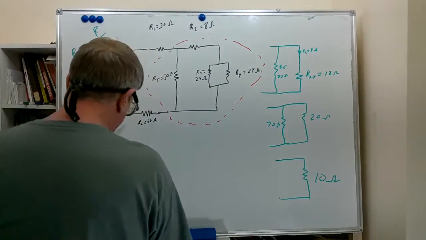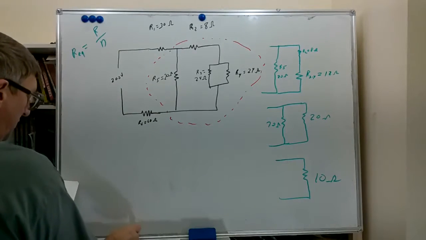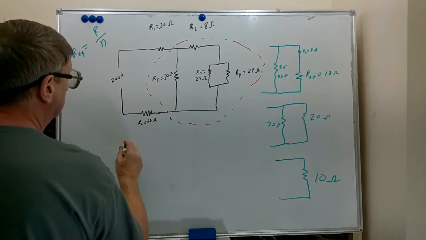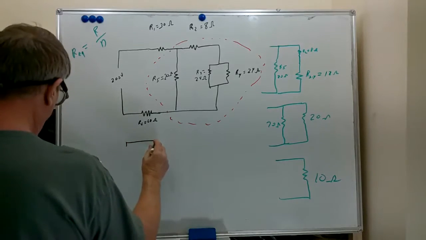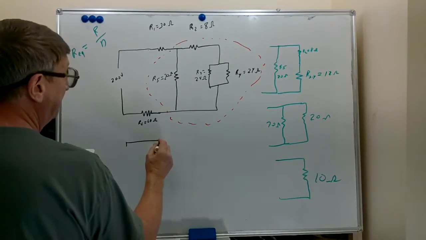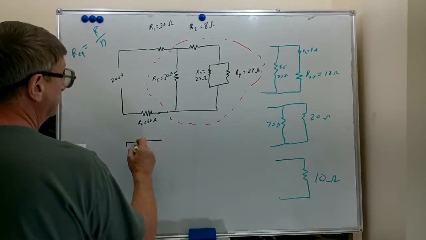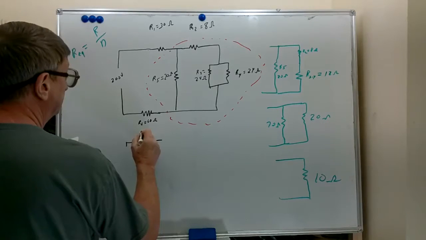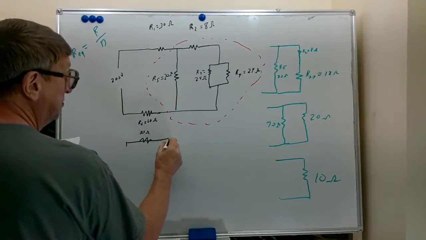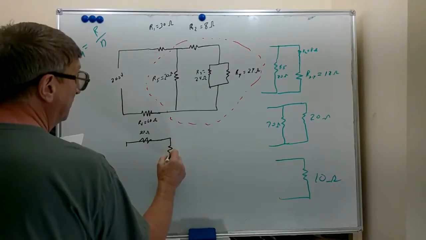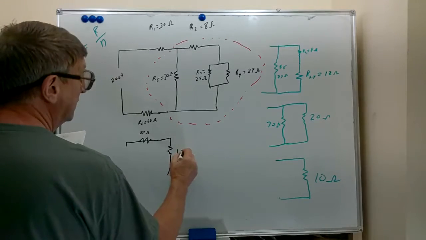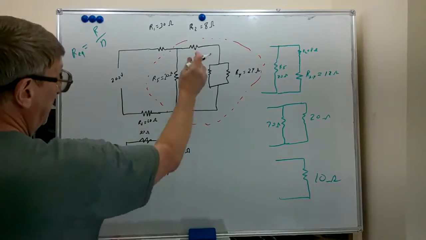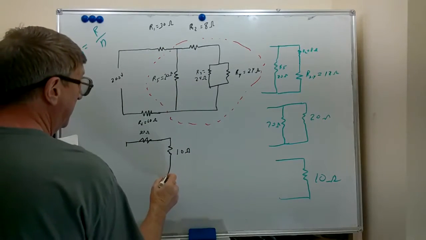So we're going to do that. We're going to draw another little circuit here. And we're going to leave R1 here, which is a 30 ohm resistor. We're going to put the 10 ohm resistor that we used to replace this entire portion circled in red.